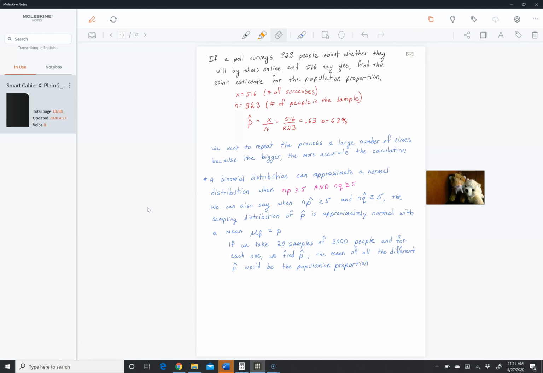In other words, the mean of p hat is equal to p.